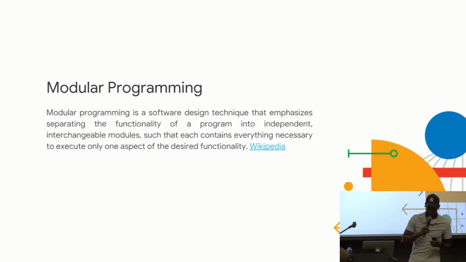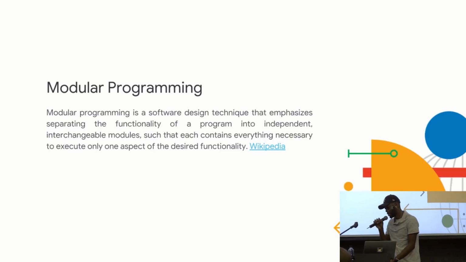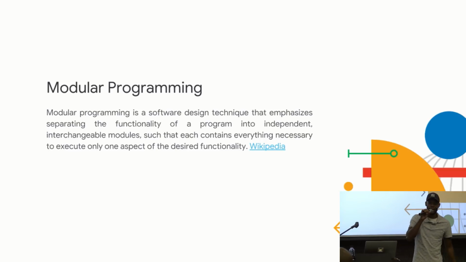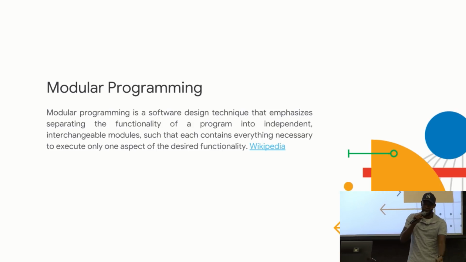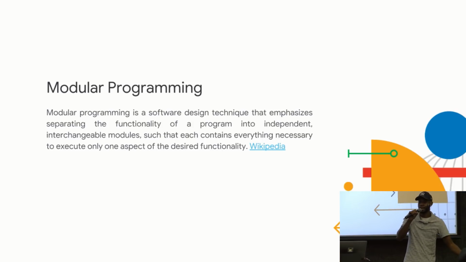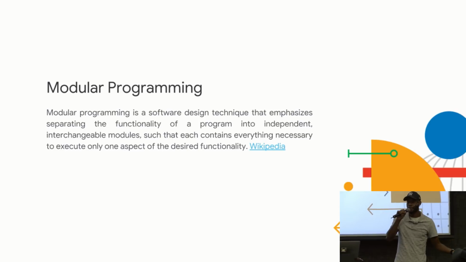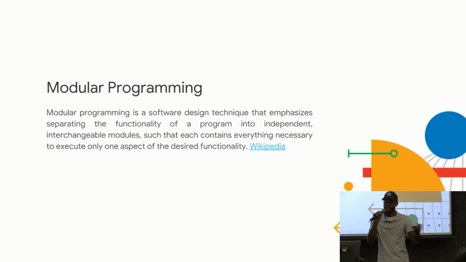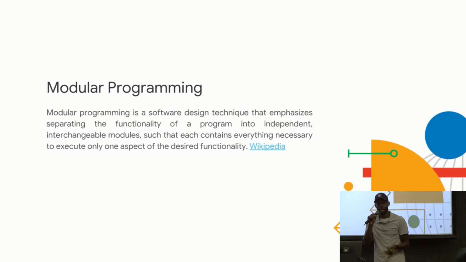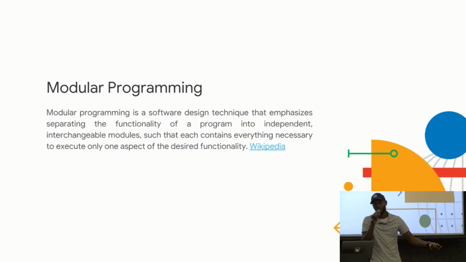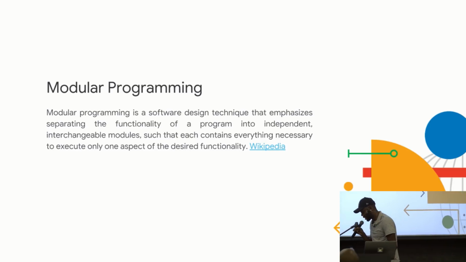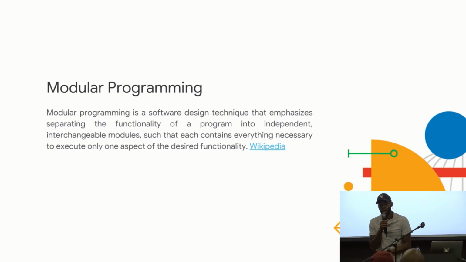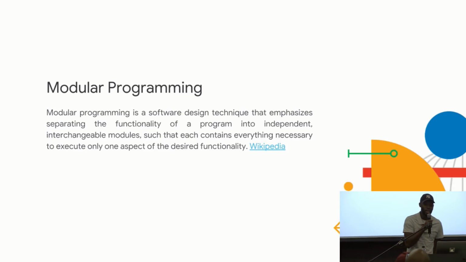My philosophy when it comes to Android modules is they have to be designed in such a way that you are able to plug out a module and plug it into another Android app as well. Or if it's a Java module, you need to be able to plug it out and plug it into a Java module as well. That's my philosophy when it comes to Android modules, or just modules in general.